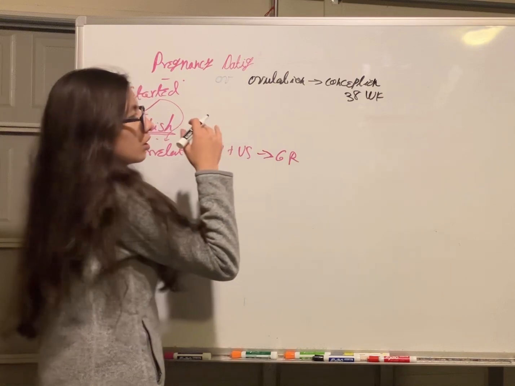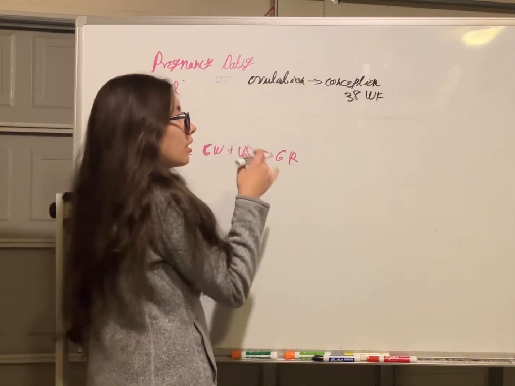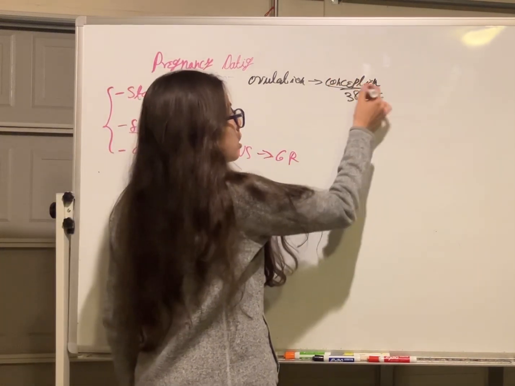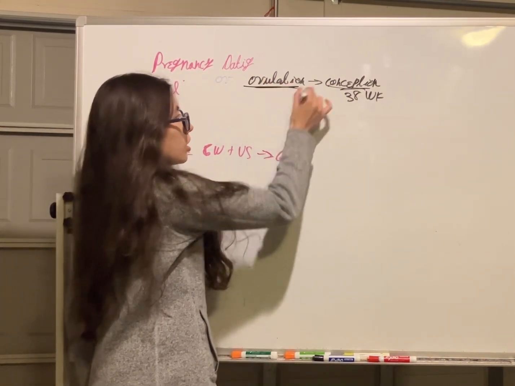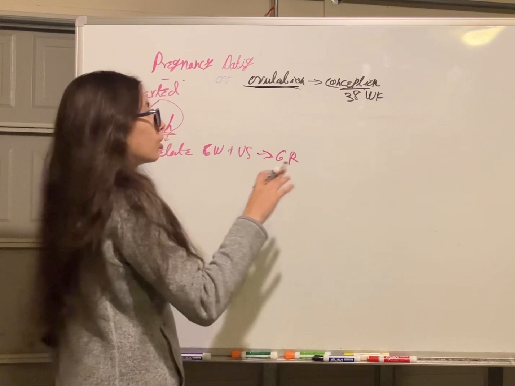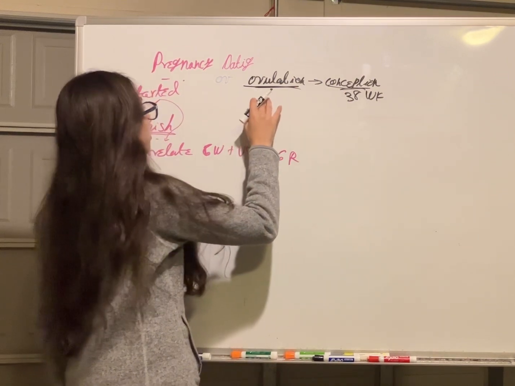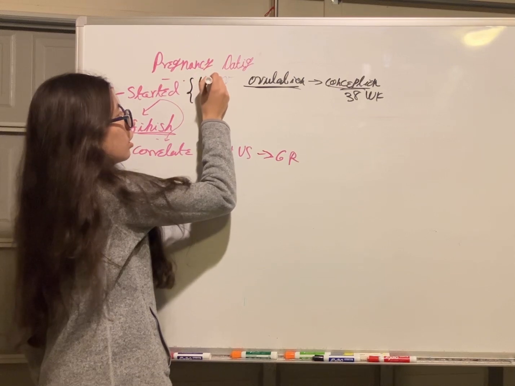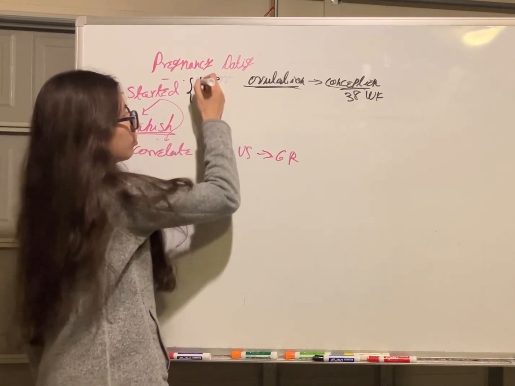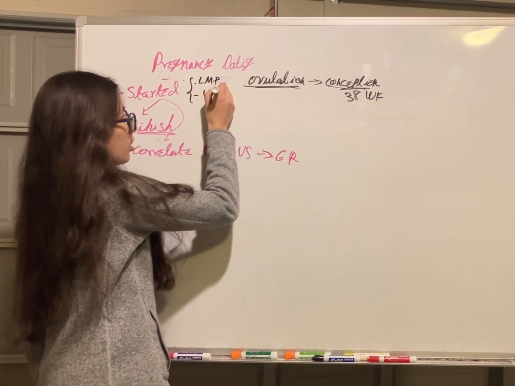But most of the time we don't know exactly when the conception date was. In other words, we don't know when the ovulation date was. So we try to estimate this with two things: the last menstrual period and an ultrasound.